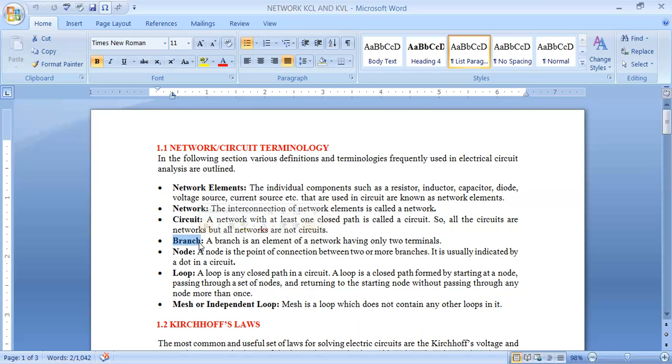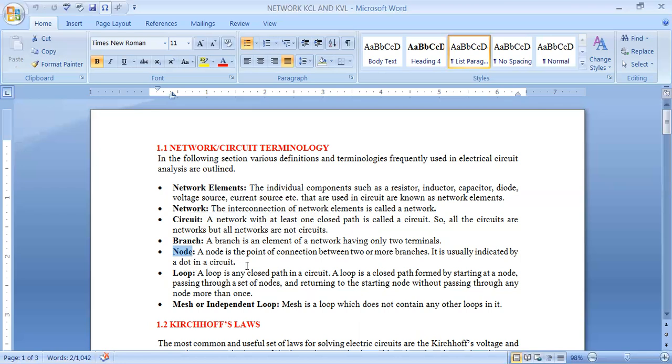Now come to the node. What does it mean? A node or junction: when three or more elements join at a particular point, it is usually indicated by a dot.